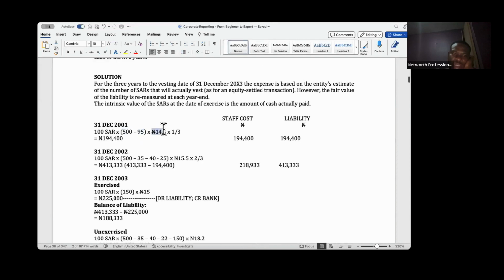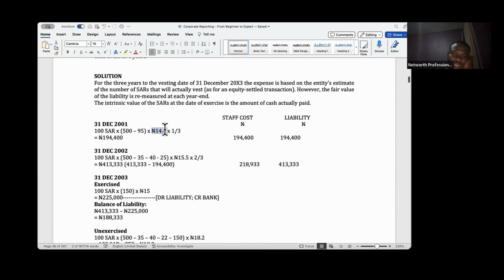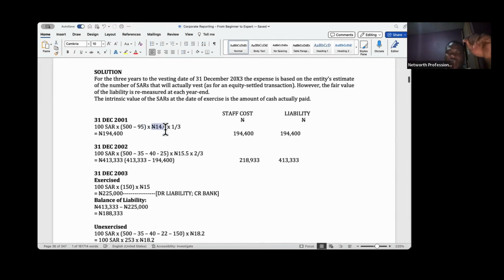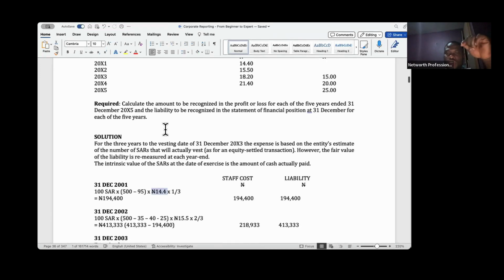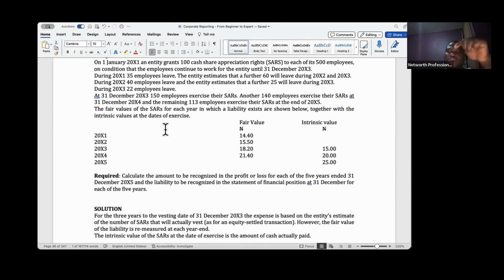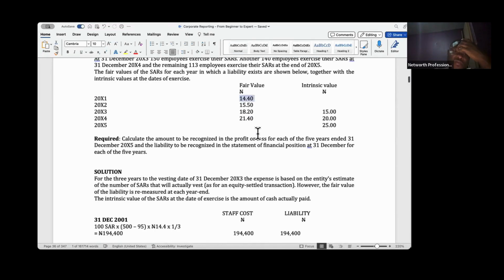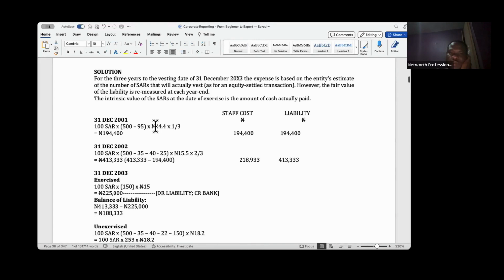Then multiply by the fair value of the rights at the end of the year. I told you that for cash settled, you use the fair value of the right or the option or whatever instrument they are issuing at the end of that year. So they gave us 14.4 here, so you are measuring it at 14.4.